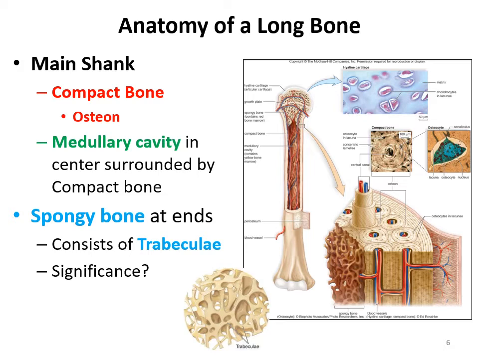And then those spaces are actually filled with red bone marrow, which will be responsible for red blood cells, but also white blood cells and platelets as well. So compact bone, hard protective bone. Spongy bone is the softer, weaker trabeculae formed bone that is for support mainly and for bone marrow.